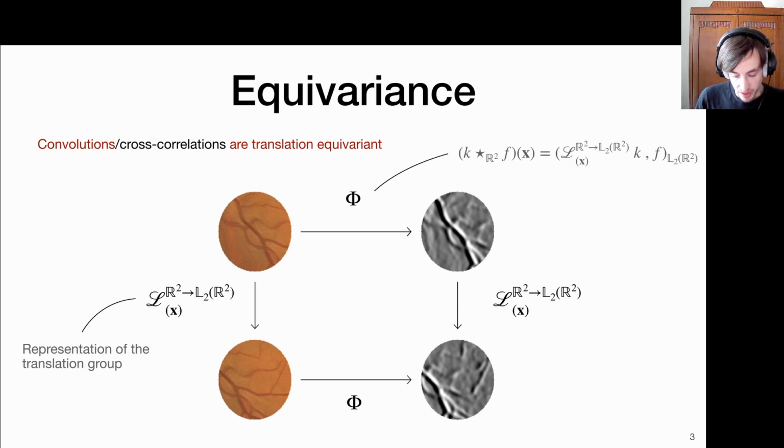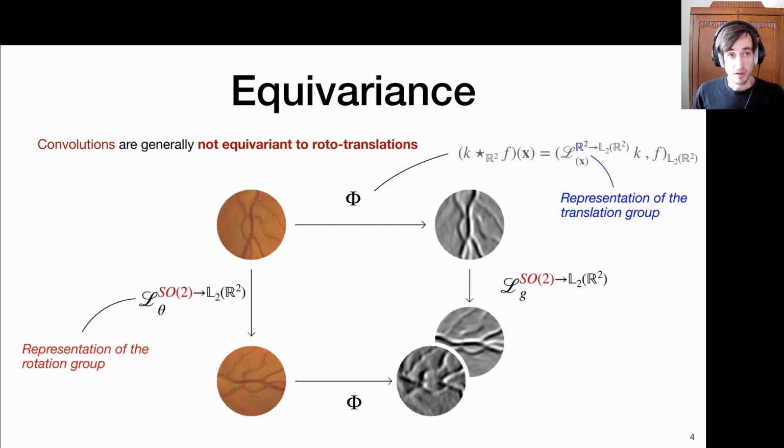Okay, now this is a well-known result, and we also know that convolutions are generally not equivariant to rotations or translations, meaning that if we rotate the input image and then apply the convolution, or first apply the convolution and then rotate it, the results are generally not the same, meaning that rotations and convolutions generally do not commute.